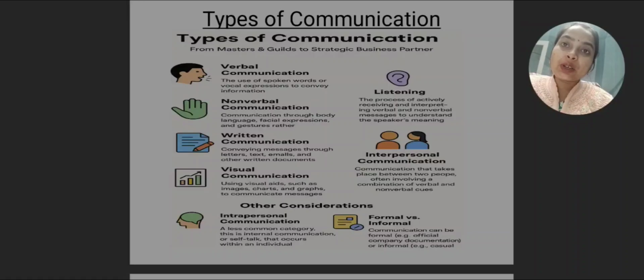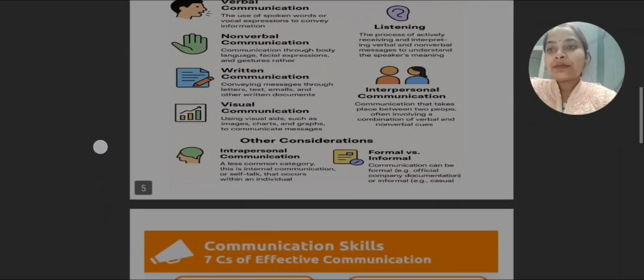Somewhere we are using holdings, templates. So this is called visual communication. On the other hand, there are many other types, for example group communication, formal and informal communication, and interpersonal or intrapersonal communication. We can go through them in detail in our next video.